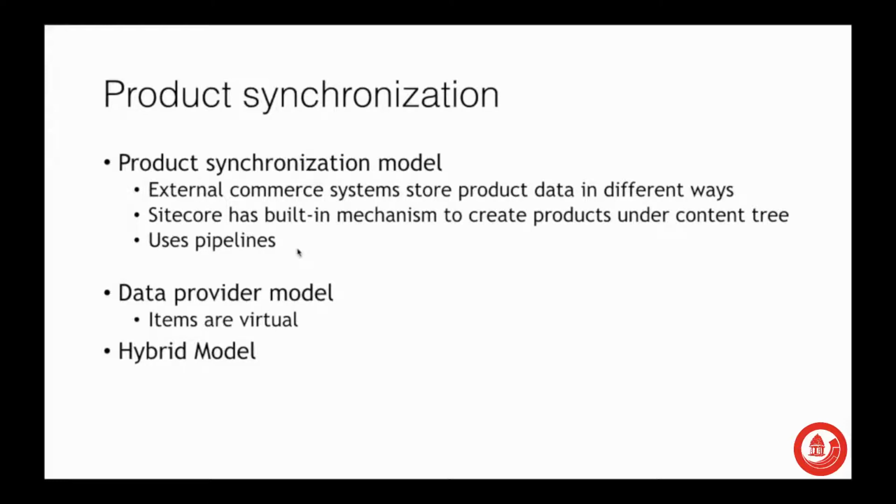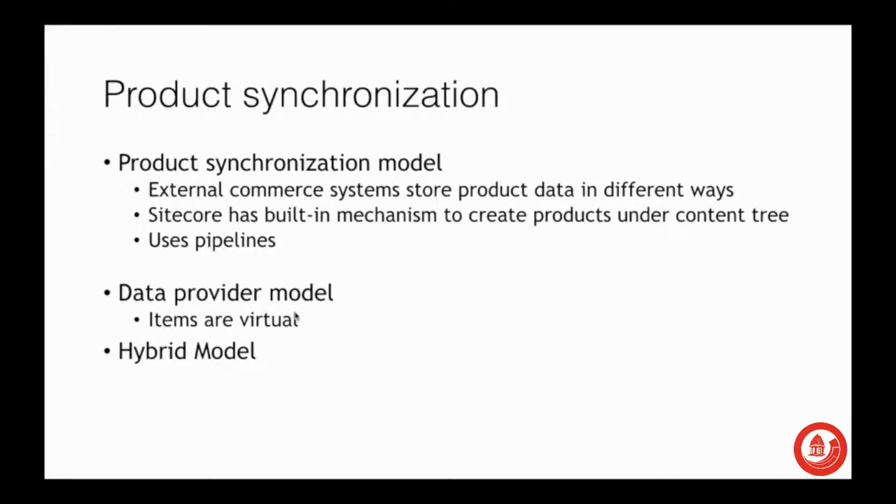For example, for each product in the external commerce system, it's going to create an item under products based on the product template. Once you have the product pulled in, the synchronization mechanism will also pull all the product attributes, the manufacturer information, and the category information of the products.